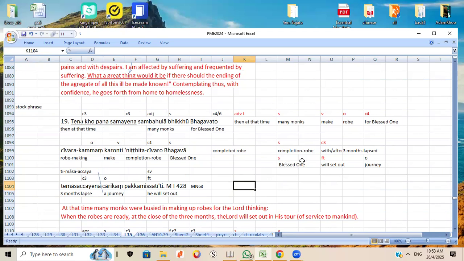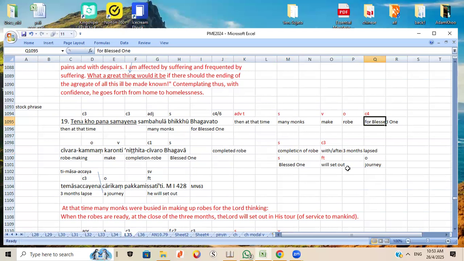What is important in long sentences is that you try to break them into smaller lines like that. Subject, verb, object, extension, subject, extension, subject, verb, extension. You see, completion of rope after three months.